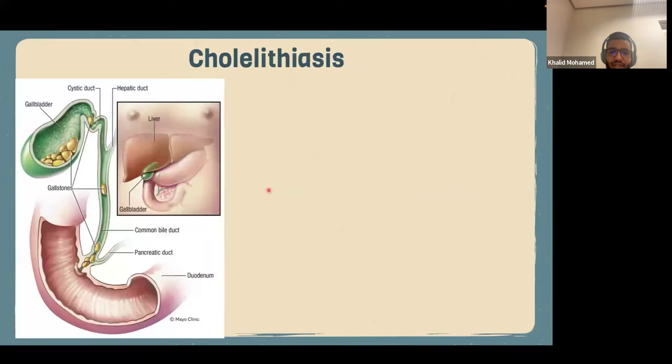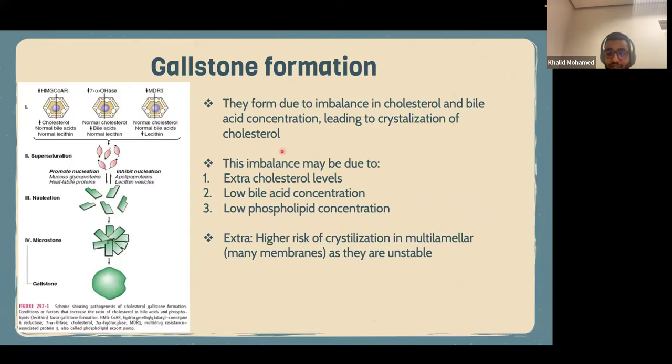There's also the triangle that's in your slides. That's also not important. All that's important from this concept is that gallstones can form due to extra cholesterol levels, low bile acid concentration, or low phospholipid concentration. Okay, and these are the steps it follows. This is also not that important.